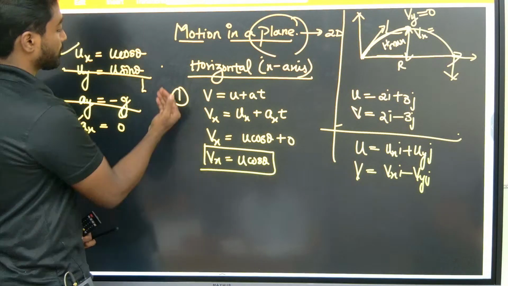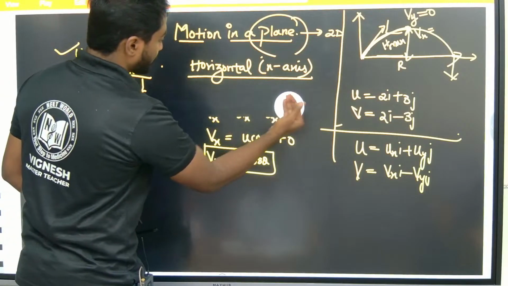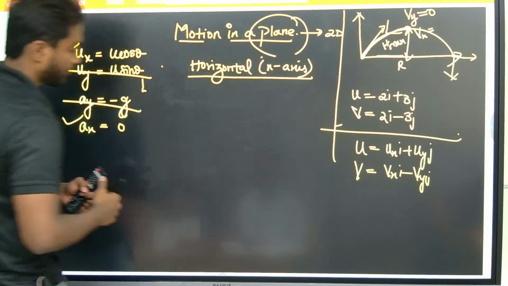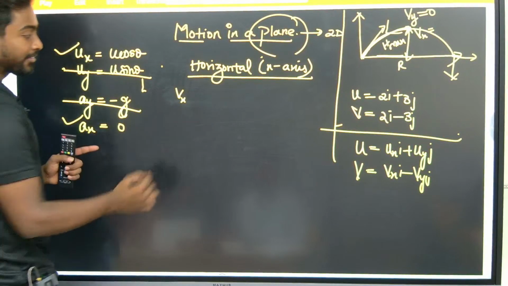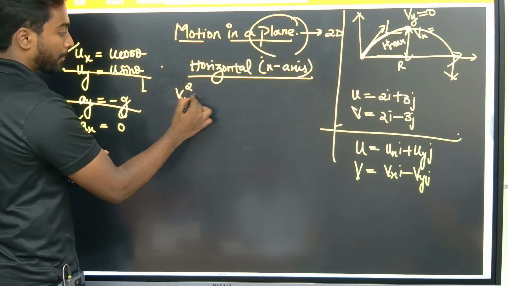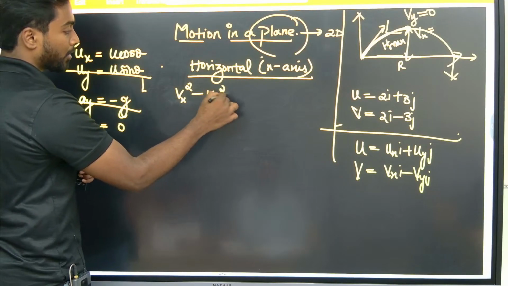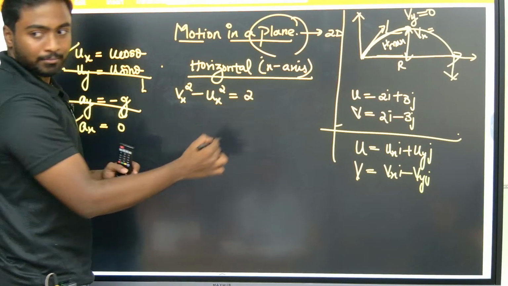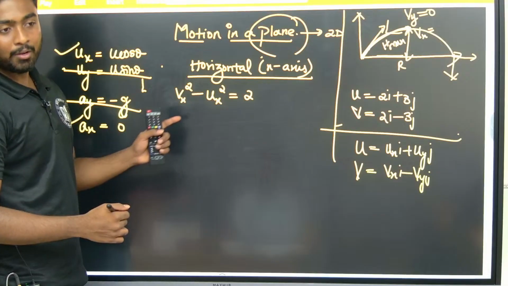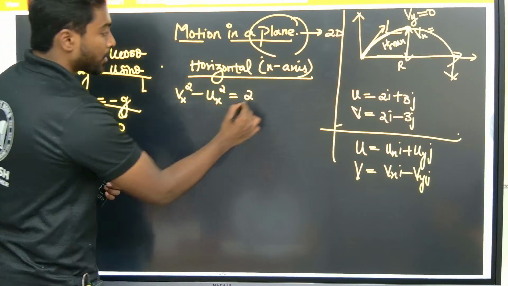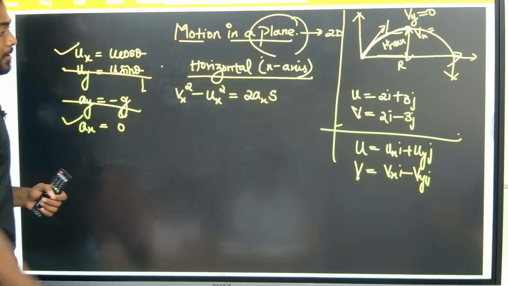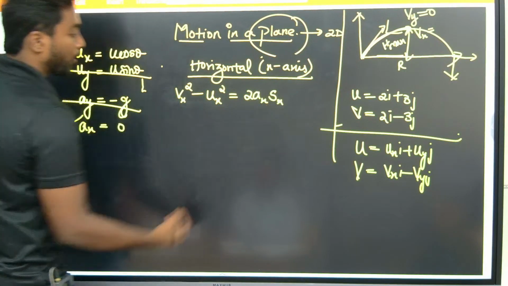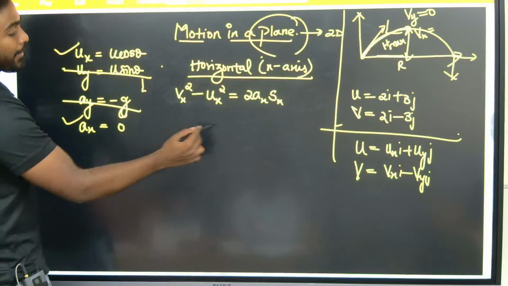Second problem. Final velocity in x direction square minus initial velocity square is equals to 2as, that is, 2 into a into s, where s is the range.